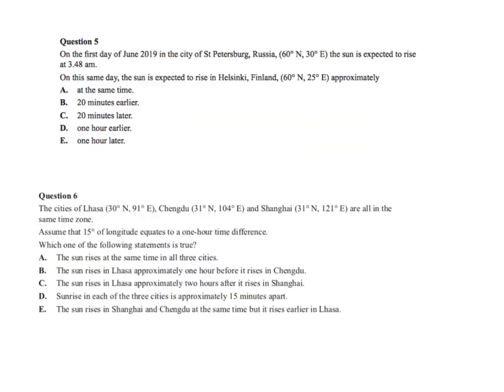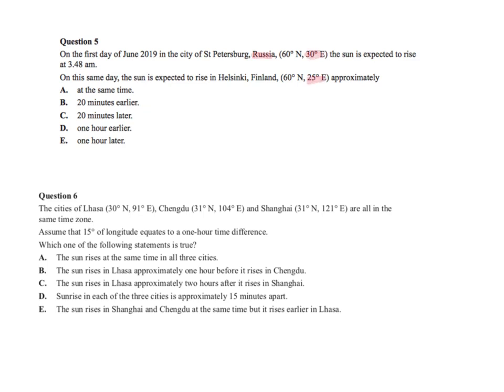Keep going. On question 5, on the first day of June in 2019, in the city of St. Petersburg, Russia, the sun is expected to rise at 3:48 a.m. On the same day, the sun is expected to rise in Helsinki, Finland, approximately. So they want to know the difference. So we're just looking at the longitudes here.